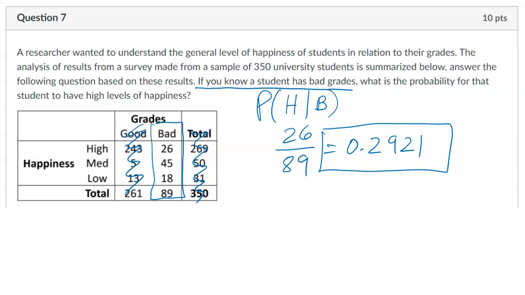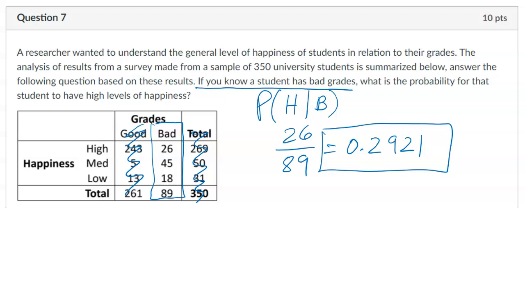Now, if you didn't want to do it that way, there are other ways of trying to find it out, but it will be like using the formulas the other way around, let's say.